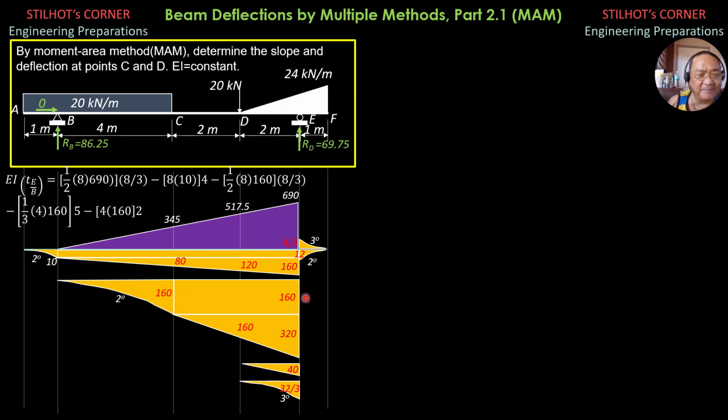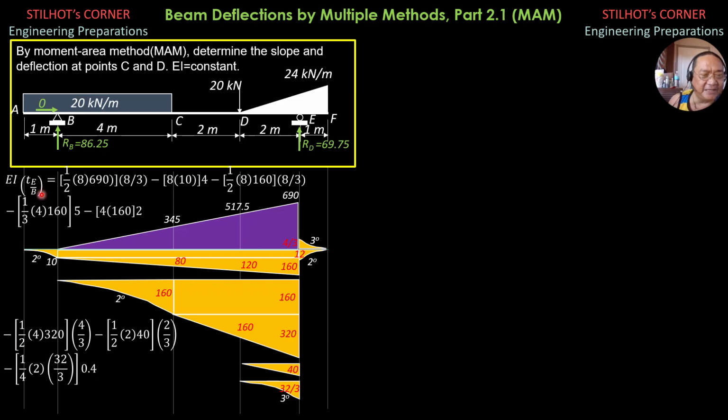Since this is 1 plus 4, so 5 is the moment arm. Then minus the moment of this area, 4 times 160 times 2, minus the moment of this area, 1/2 of 4 times 320 times 4 thirds. Then minus 1/2 of 2 times 40 times 2 thirds. Then minus 1/4 of 2 times 32 over 3 times 2 over 5 or 0.4.